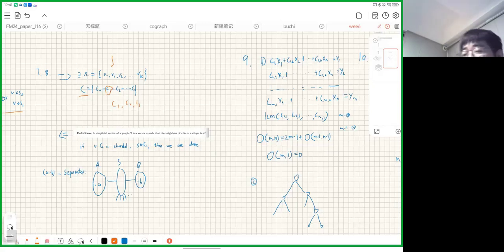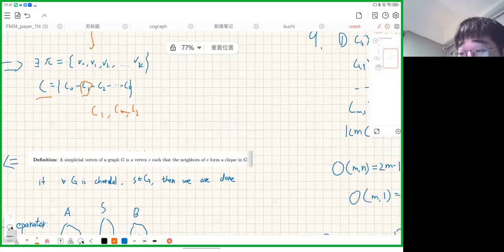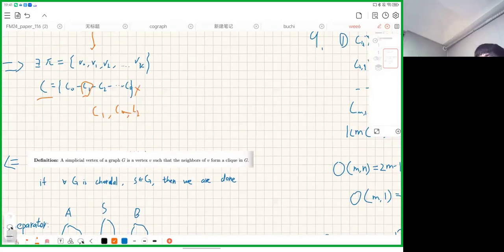But as there is a cycle with no chord, there's no edge between C0 and C2. So this set cannot be a clique, and that contradicts this being a perfect elimination. So no such cycle exists. And that means that if there is a perfect elimination, then the graph must be a chordal graph.